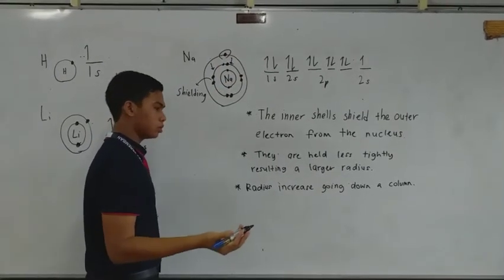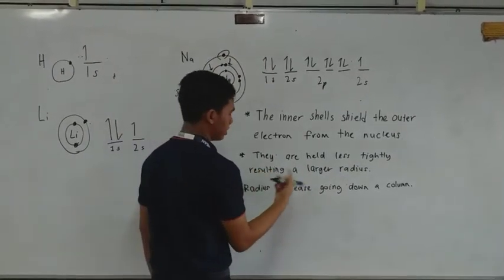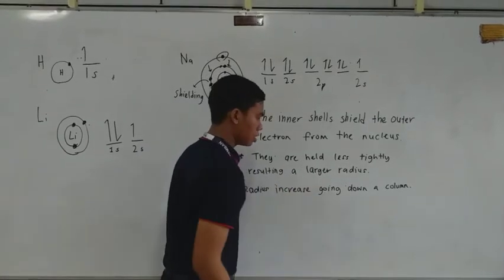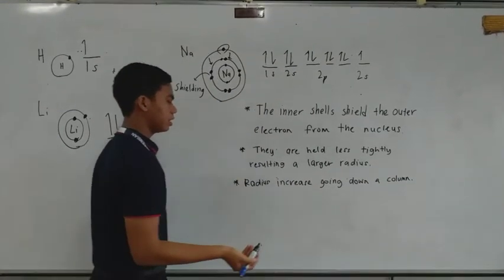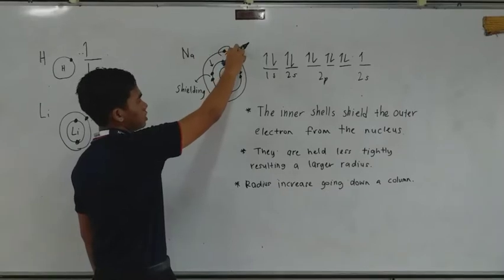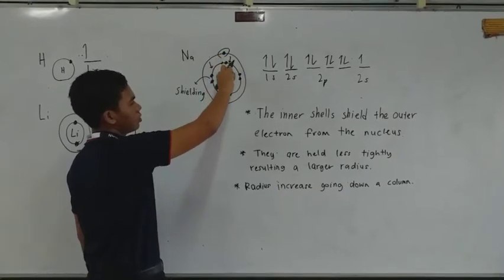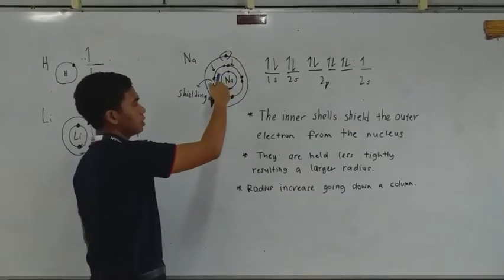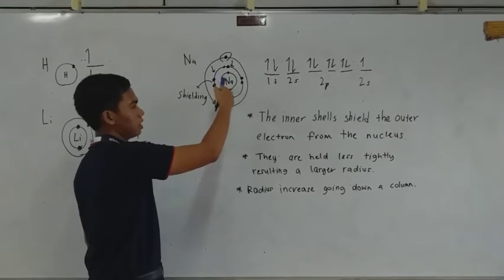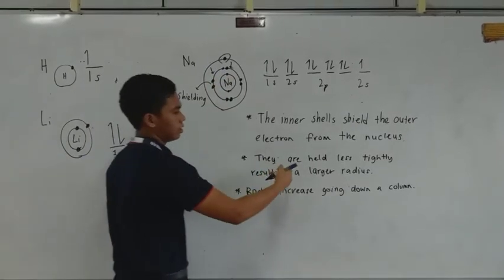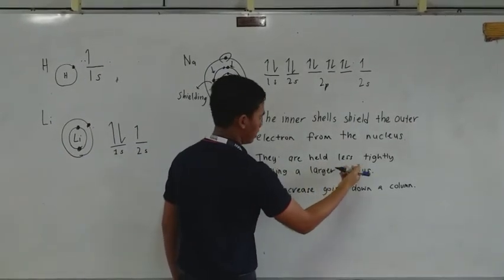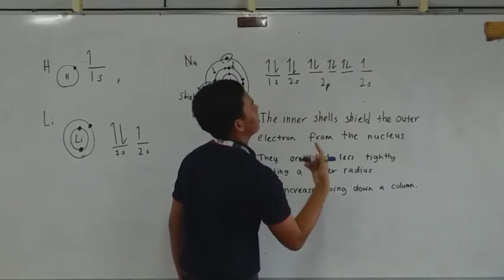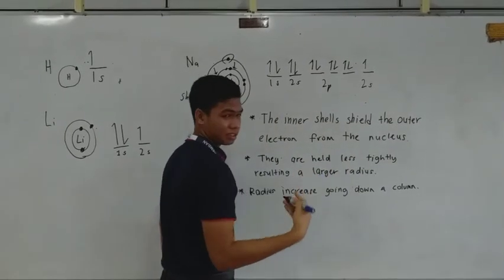For the second one, they are held less tightly, resulting in a larger radius. So why is it held less tightly? Here is the electron, and it is getting nearer to the nucleus, but it is shielded by 2 shells, resulting in less tight holding and a larger radius.